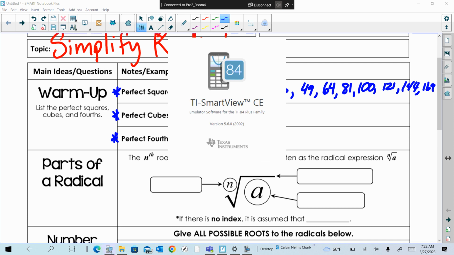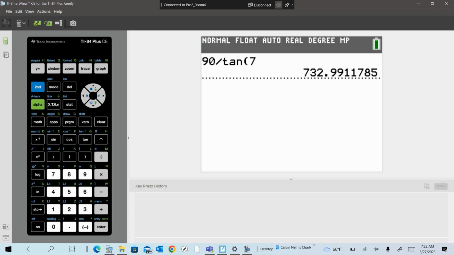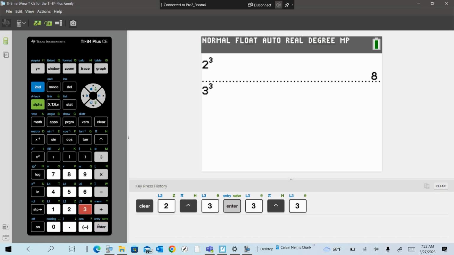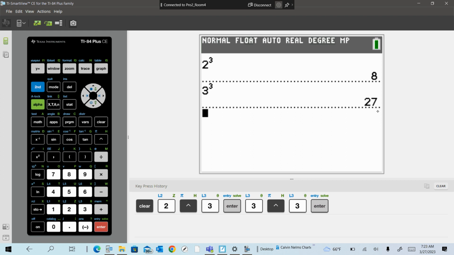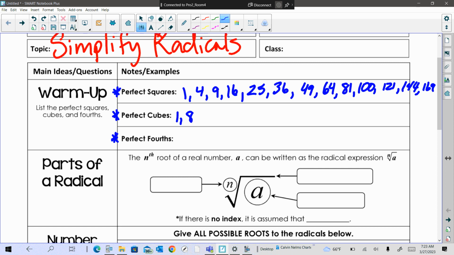It would be 8, which is 2 to the third power, and then 3 to the third power is 27, then 64. 5 to the third power is 125.